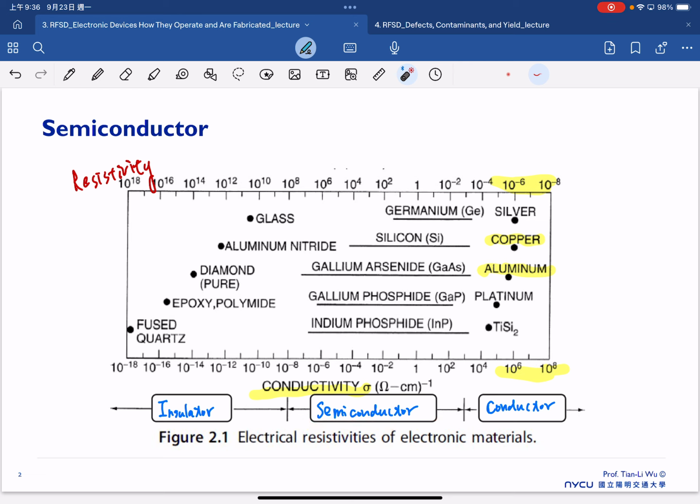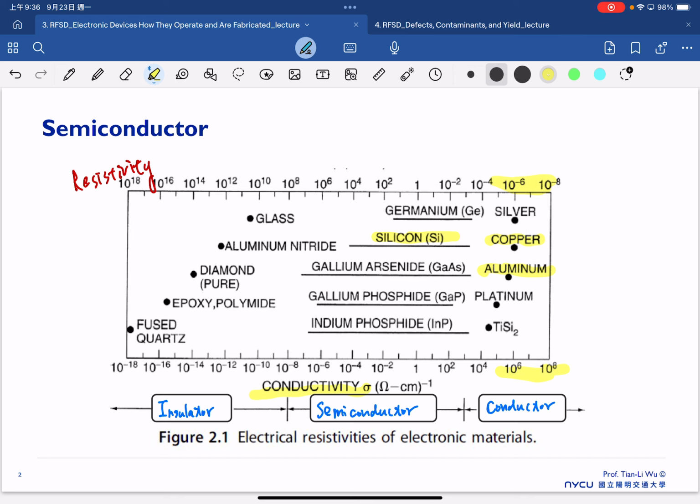So you can see from the name, we have the semi here. That means we expect the semiconductor should have characteristics similar to the conductor, but of course the conductivity is lower and the resistivity is higher compared to the conductor. And one of the most important semiconductor materials for sure is this one. This is silicon. It's the most important one here.